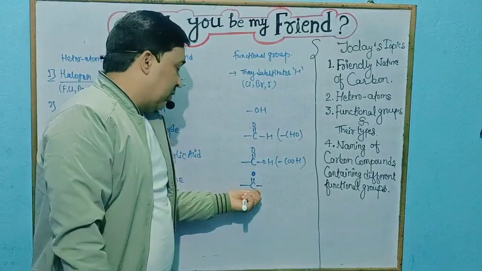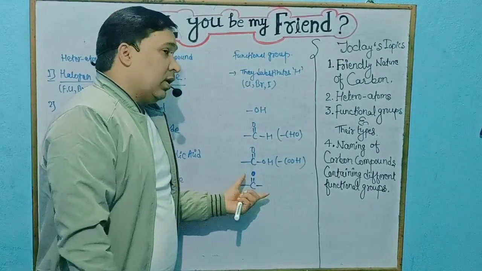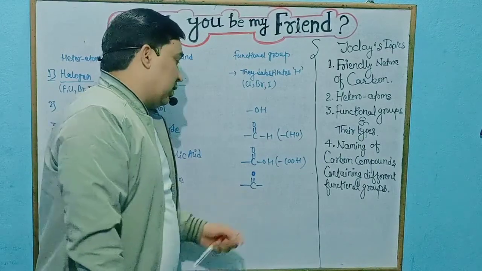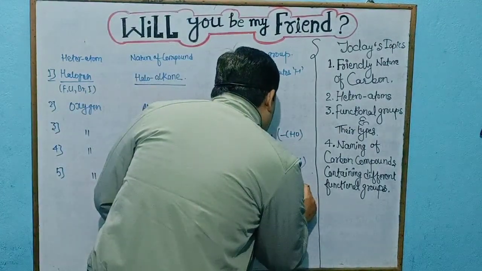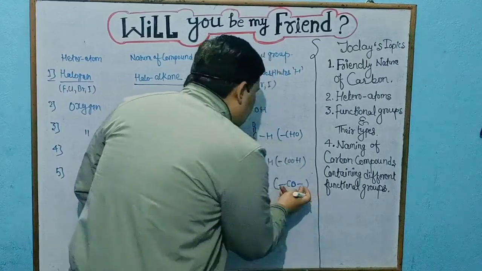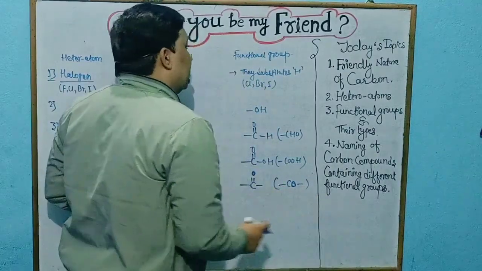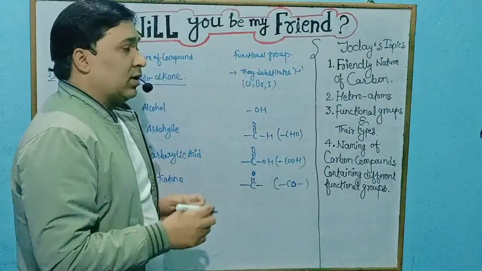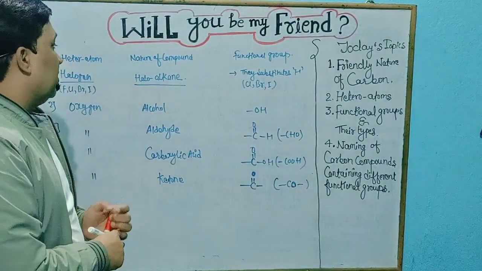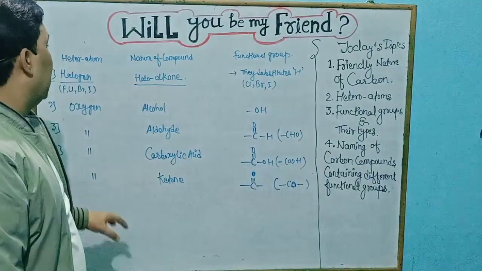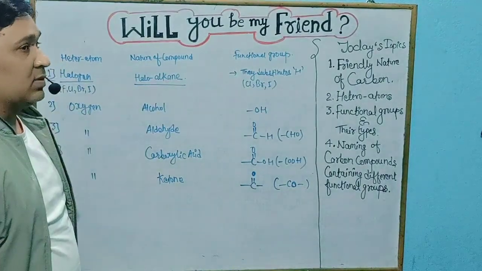It means the carbon present in it requires 2 electrons to complete the octet. We simply write it as CO, and these bond lines suggest that it is open from both sides to share one electron. So, as per the CBSE syllabus, you have to study these 5 types of functional groups.